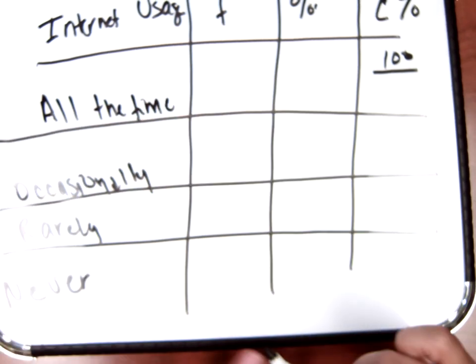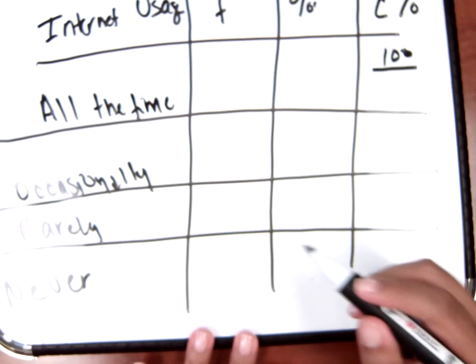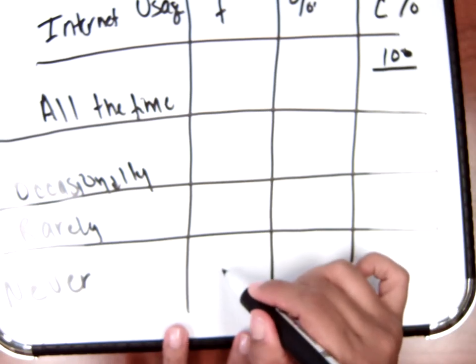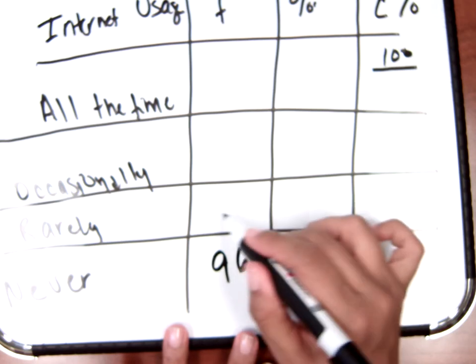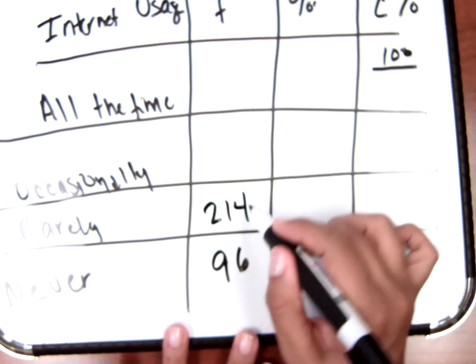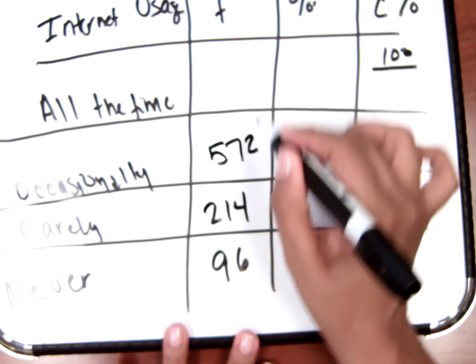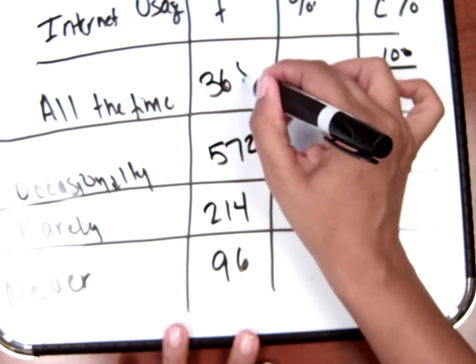And it gave us numbers. It told us those who actually use it: 96, so they never used it. We got a 96 here. 214 people said that they rarely used it. 572 people are occasional. And then 368 use it all the time.